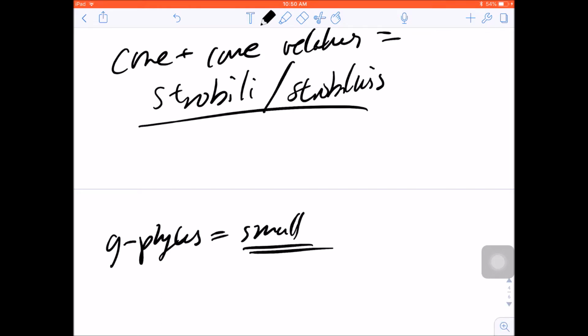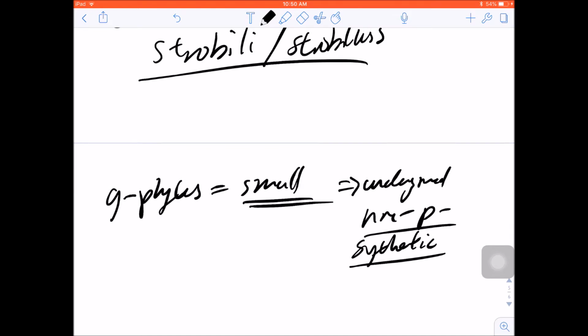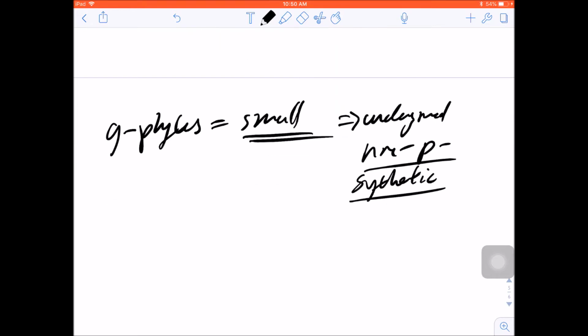A lot of the gametophytes in this group are actually underground and non-photosynthetic. So their entire point is just to poop them out into the ground when they germinate from the spores, and they just make gametes. Gametes find each other, make a zygote, and make a new 2N sporophyte, which is the dominant plant.